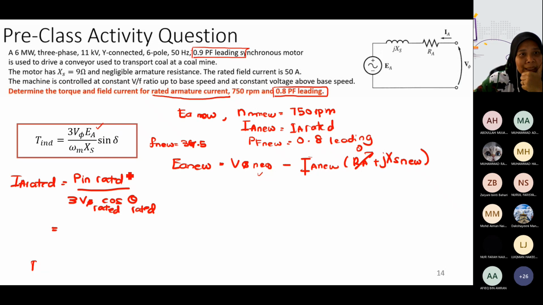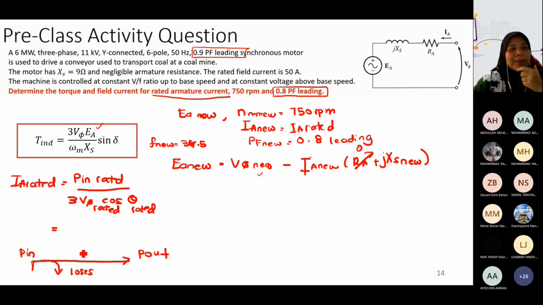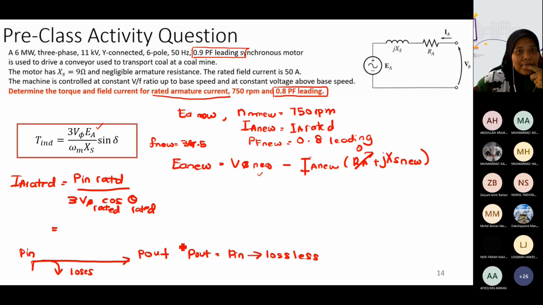Actually, why here do we use P in or P out? If we look, this is P in and this is P out. In the power flow, if there are losses, they are here, losses due to resistance and so on. Okay, so in this case P out equal to P in, because it is lossless. If there are losses later, what is given, the 6 megawatt? P in or P out?